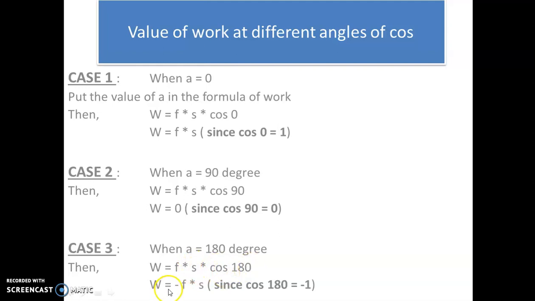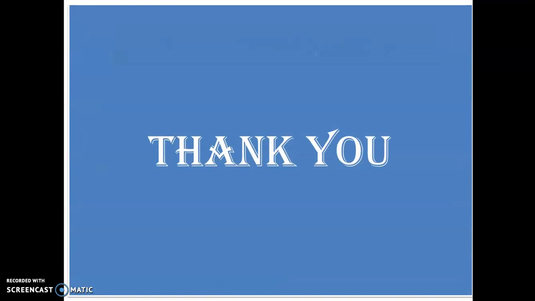But it is negative because the angle is 180 degrees, because they are losing. The work is negative because the positive work is done by the winning side. So that is positive and this is negative. These are basically the 3 cases at different cos angles, where we see different values of work. So from here we are coming to the end of the PPT.